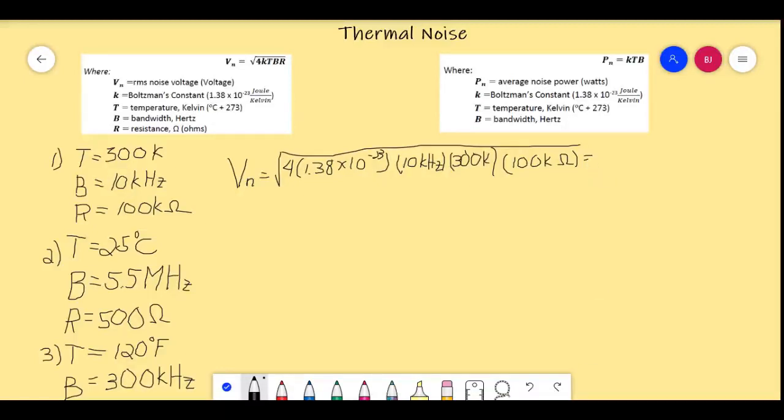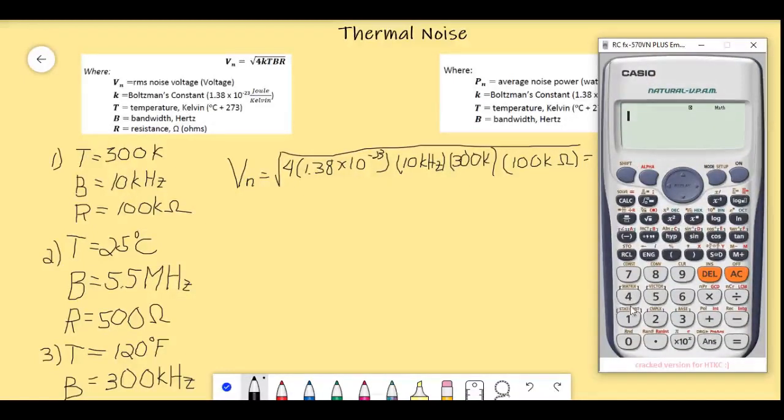Let's determine the answer. If you have your own calculator, kindly compute for the following voltages. So we will be having 4 multiplied by 1.38 exponent negative 23, times 10 exponent 3 for kilohertz, times 300 for Kelvin.